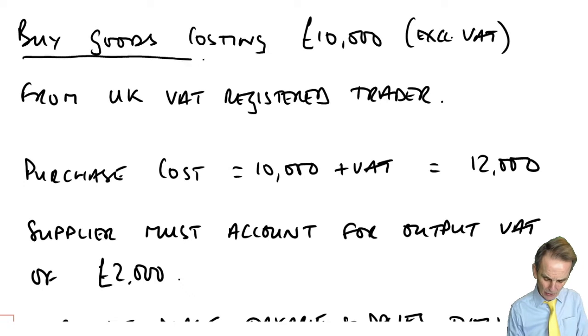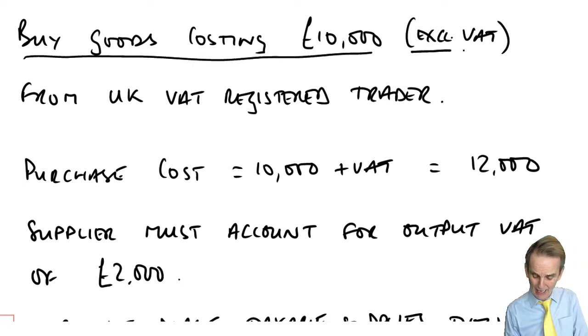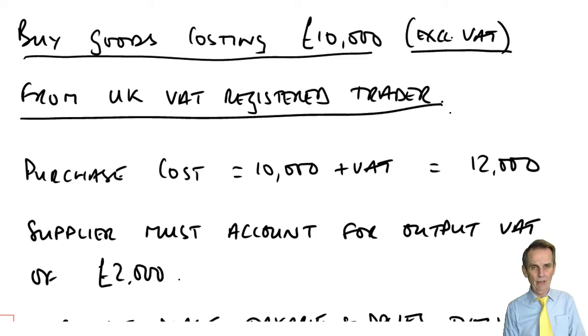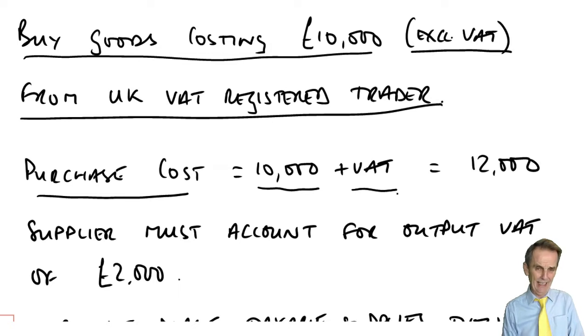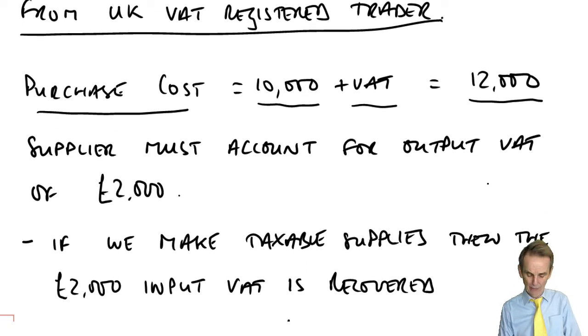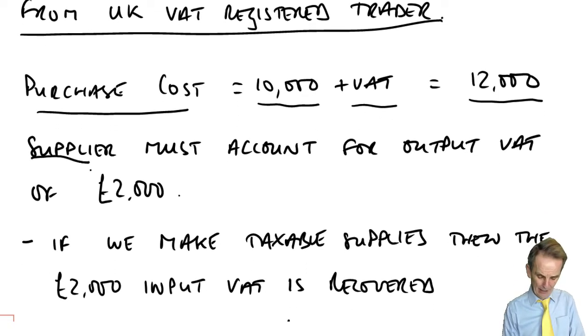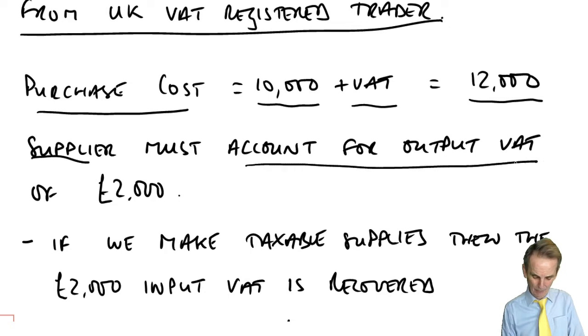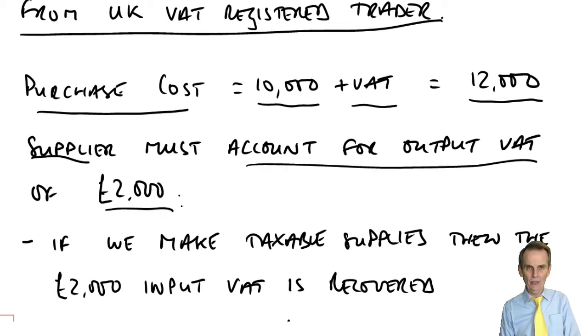If we buy goods costing £10,000 excluding VAT from a UK VAT registered trader, when we buy those goods in, assuming it was a taxable supply to us, then our purchase cost will be the £10,000 plus the VAT thereon, £12,000. We will pay our supplier in the UK £12,000, and the supplier must then account for the output VAT of £2,000.